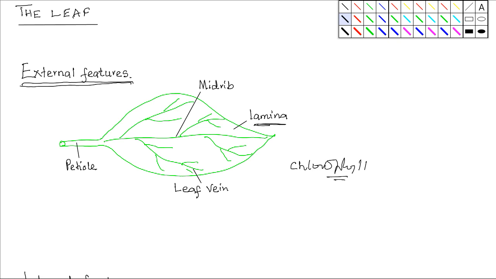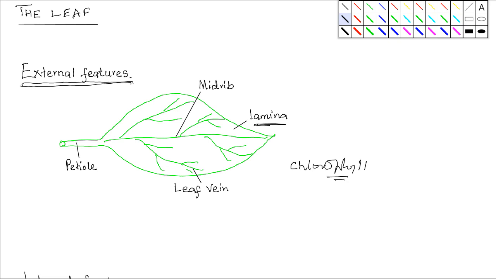That is, so that the leaf is exposed in such a way that maximum area for light absorption is effected. So the petiole supports the leaf in the best possible angle for maximum sunlight absorption.